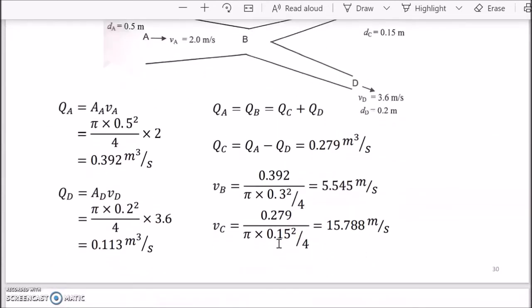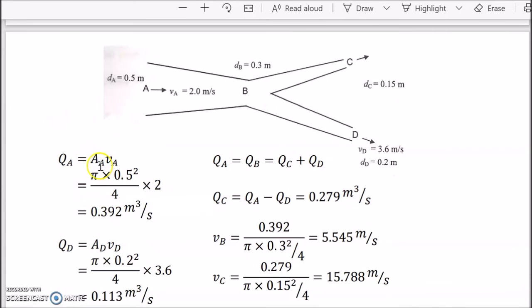So let's look into this solution. We have the flow rate QA equal to area of A times velocity at A. We calculate the area of A, pi d squared over 4, so dA is 0.5, times the velocity A, which is 2. So we get 0.392 meter cubed per second.